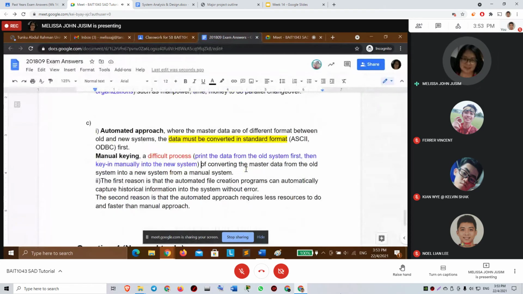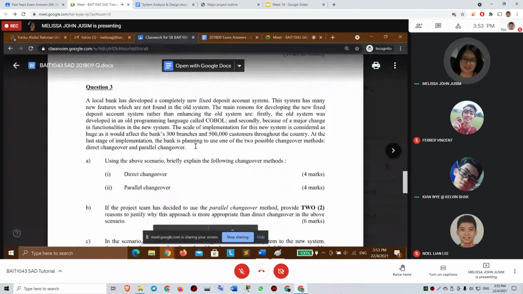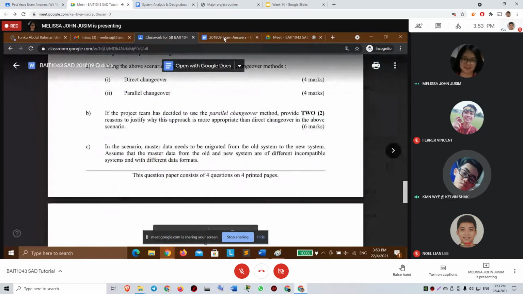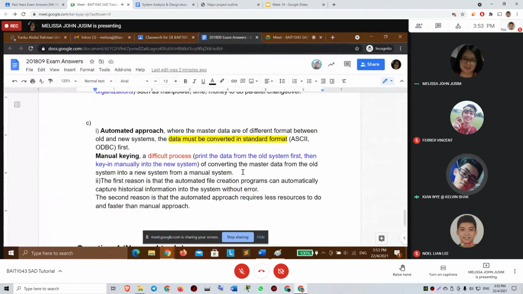Okay, hi Kelvin. What else? Is the automated approach expensive? If automated, the problem is when you have in the old system only, say, 5 tables, and in the new system you have like 20 tables.